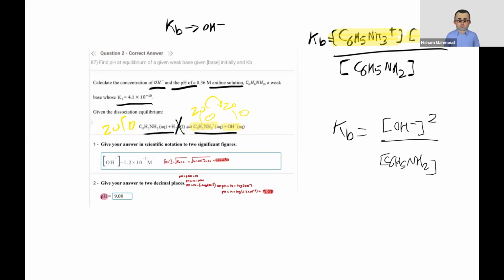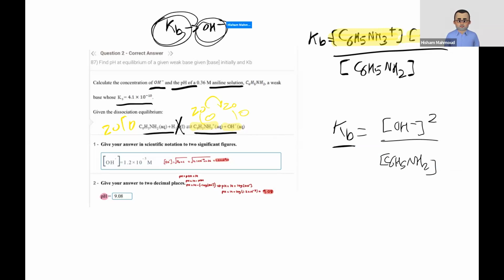So how do you answer such a question? The answering happens by getting the values and just plugging them in. So you can just find x, and x will be equal to the OH-. How do you find x? You already have the Kb. So as I said, I have either the OH- and they give me Kb, or I have the Kb and they give me the OH-.